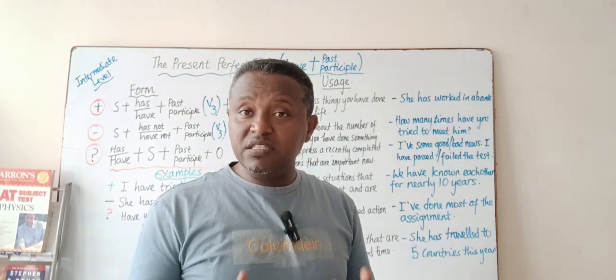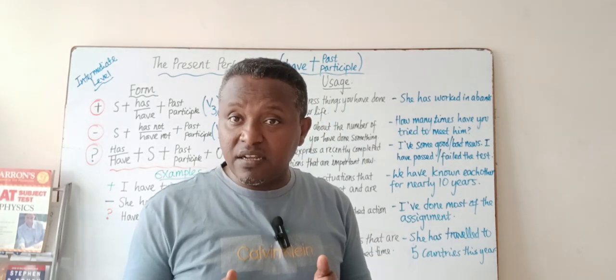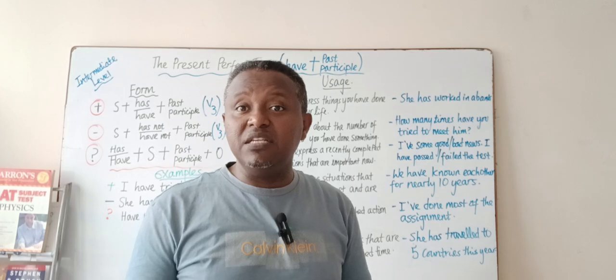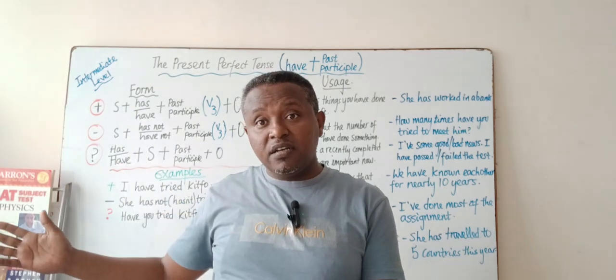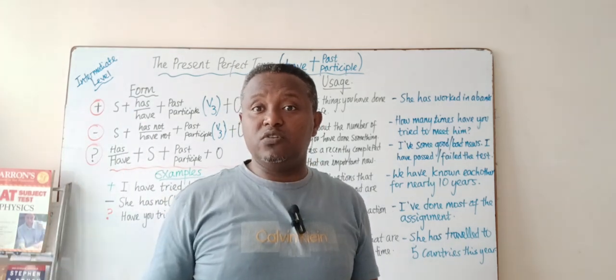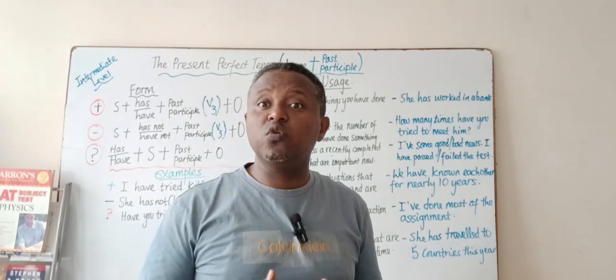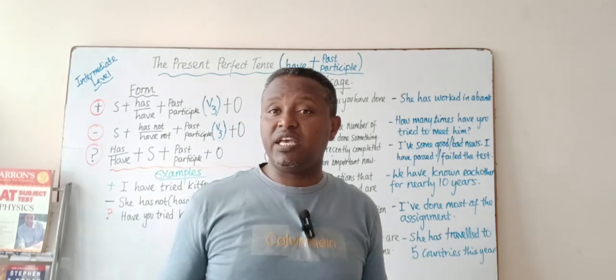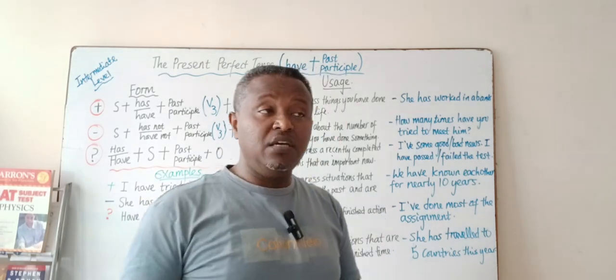It doesn't mean that you are eating at that moment, but it means you have eaten earlier, but the effect is still with you, which means you are full. You cannot take any more food. So I have eaten my lunch.